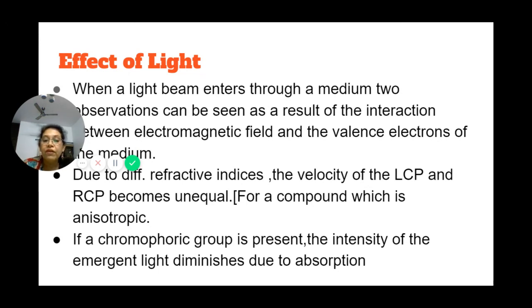So due to different refractive indices, the velocity of the left circularly polarized light and right circularly polarized light become different or unequal.